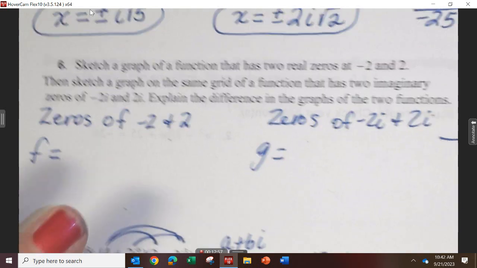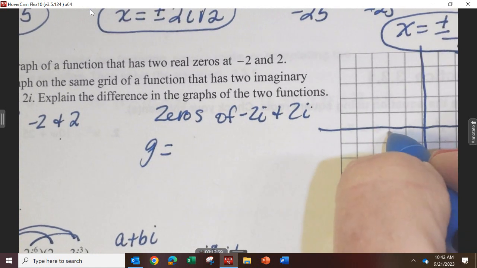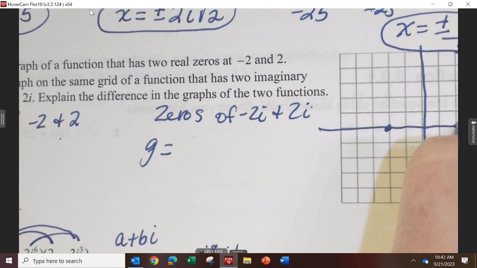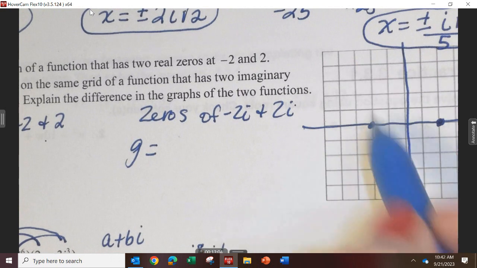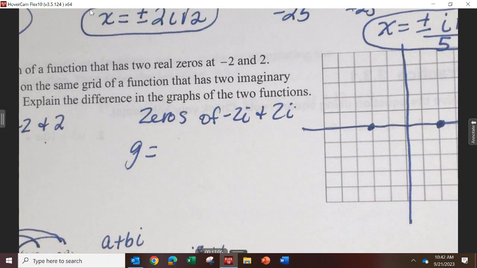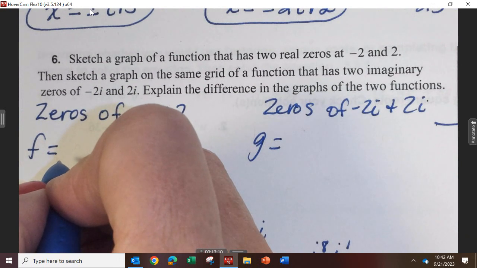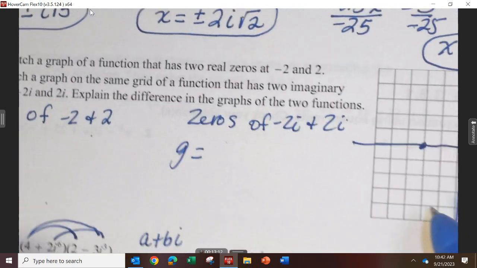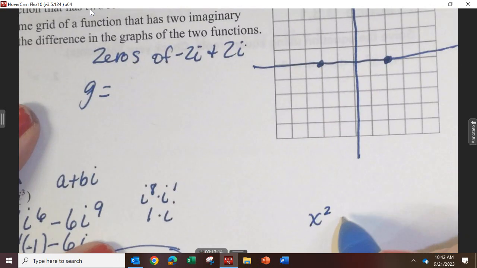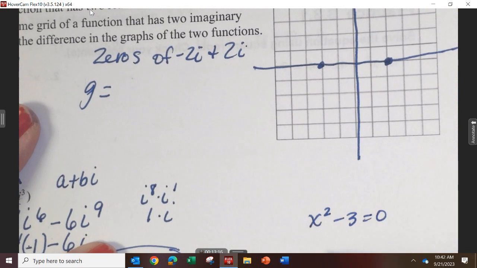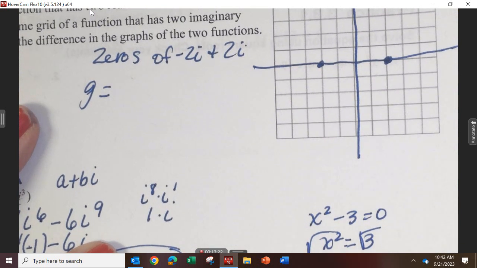I want to have zeros of, first of all, -2 and +2. Can you think of a function that would give me that? Yeah. X squared minus 3. I don't think so. If I set x squared minus 3 equal to 0 and solve it, I'm going to get plus or minus radical 3 as my solution.